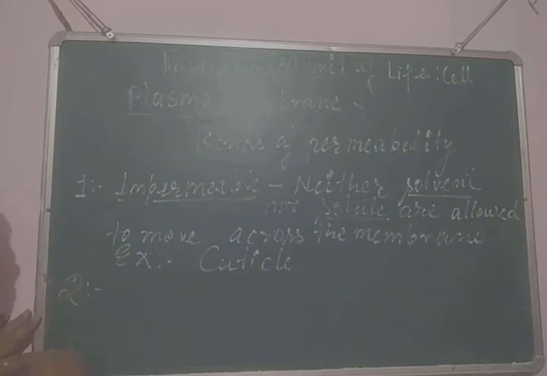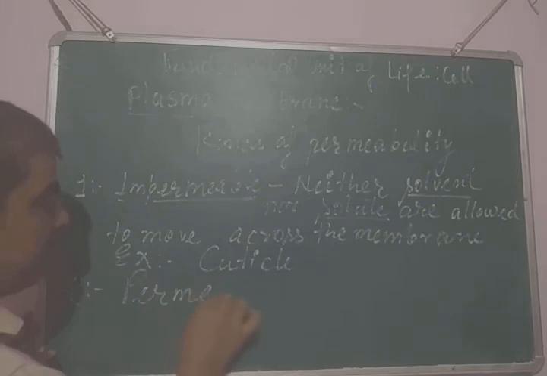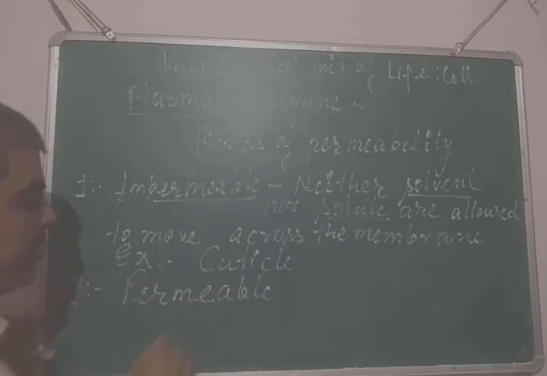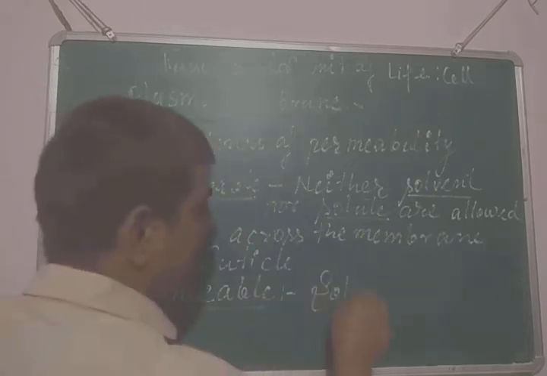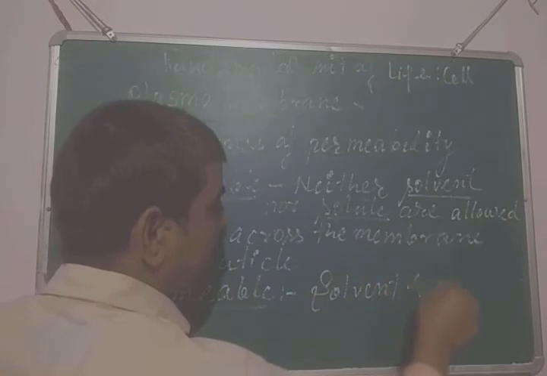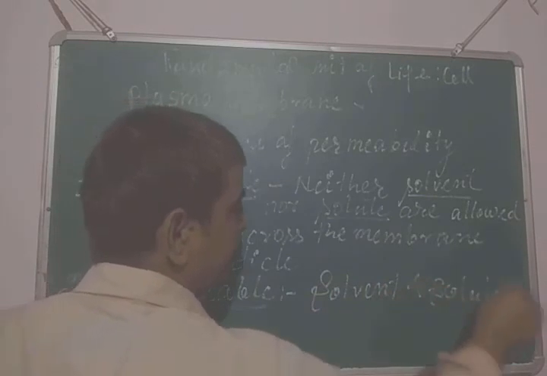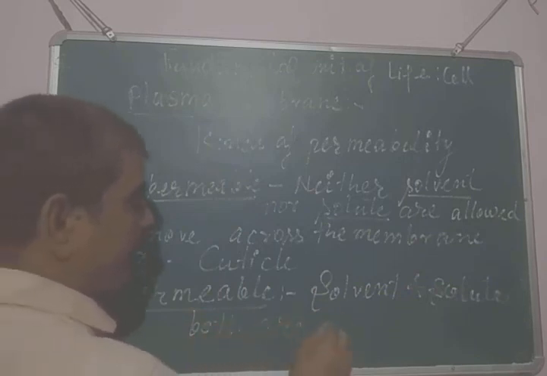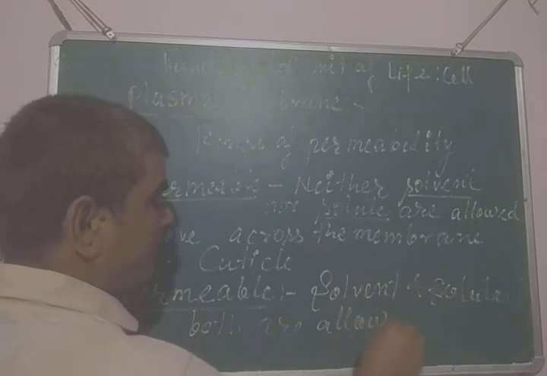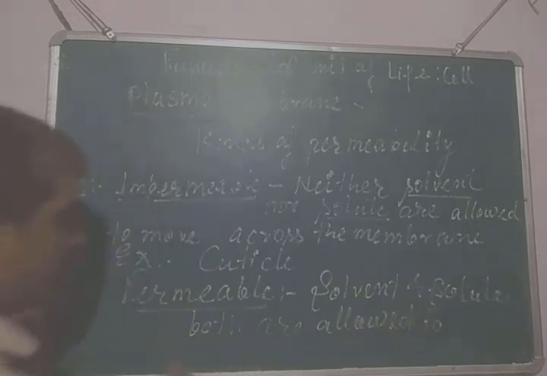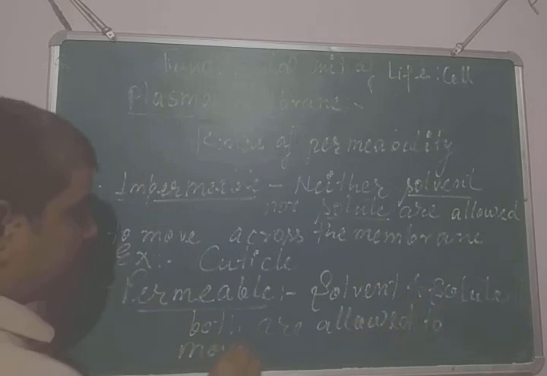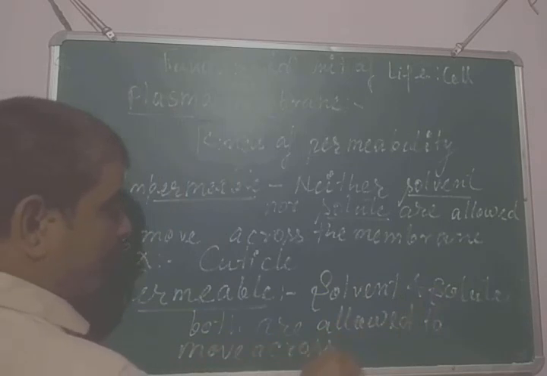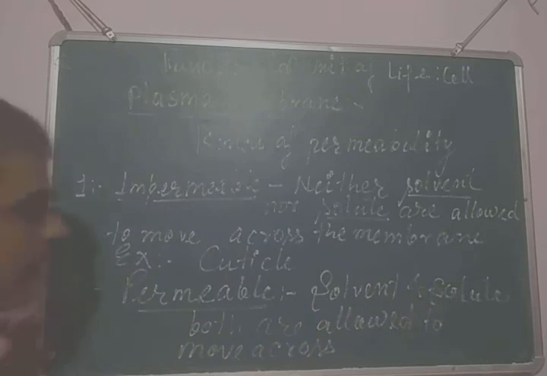The second kind of permeability is called permeable. I think you can imagine, permeable means solvent and solute both are allowed to move across.